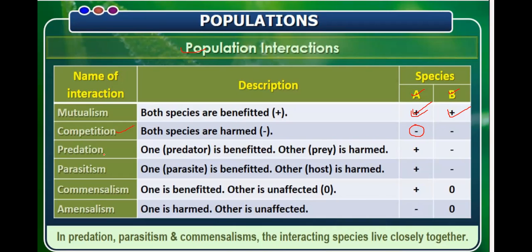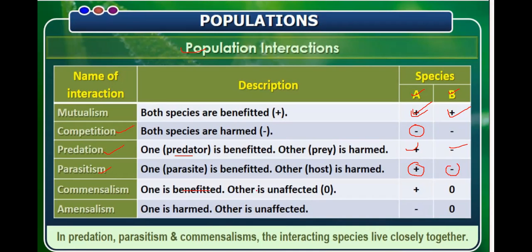That is called competition. In predation, one species A is benefited, called the predator, and the other, the prey, is harmed, like lion and tiger. In parasitism, one, the parasite, is benefited, and the other, the host, is harmed, like the malaria parasite. Plasmodium will be benefited and the human being will be harmed.